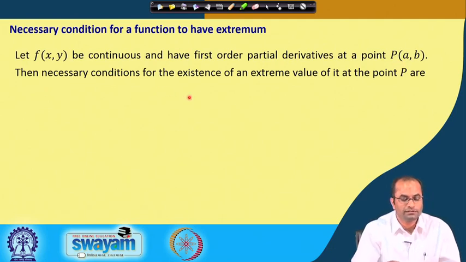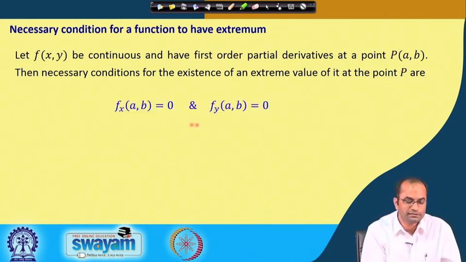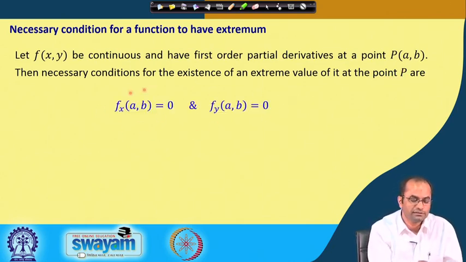Then the necessary conditions for the existence of an extreme value, meaning the local maximum and local minimum values, at this point P. What are the necessary conditions? That both the first order partial derivatives, with respect to x and with respect to y, at that point should be 0.